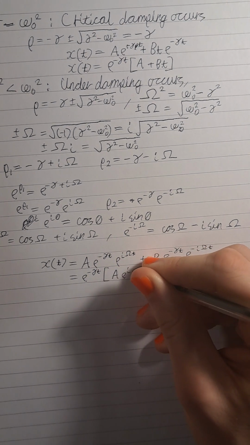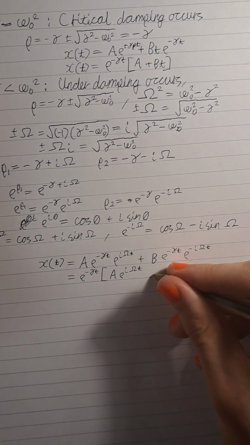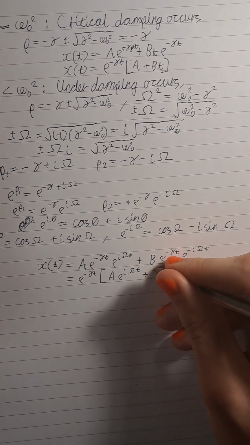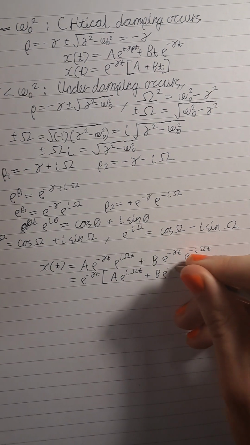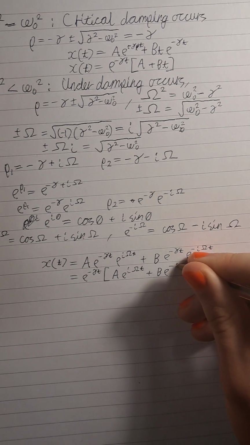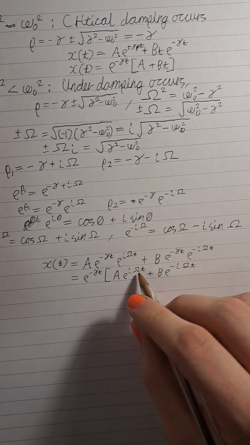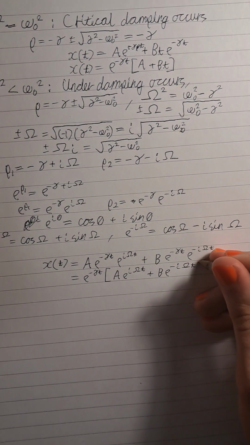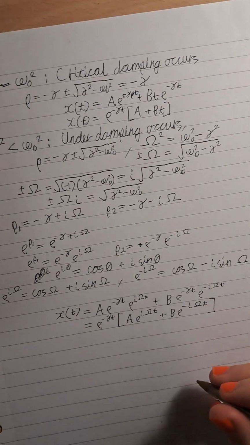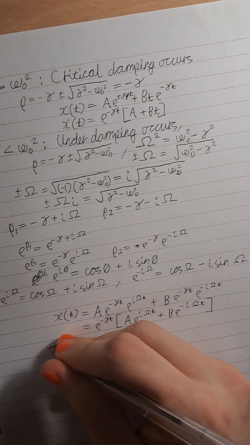A e to the I omega t plus B e to the minus I omega t. Oh, I said gamma there, didn't I? I meant omega. Right then, that means we can substitute in our identities.